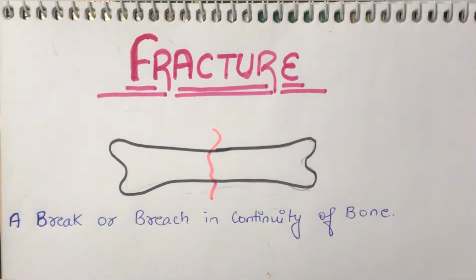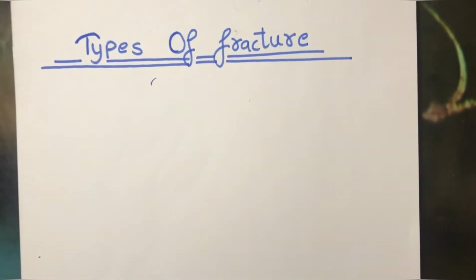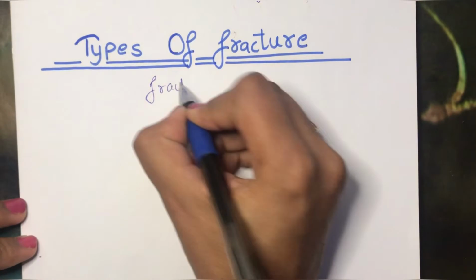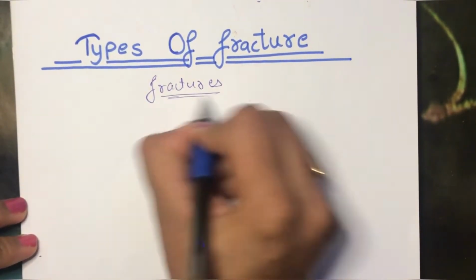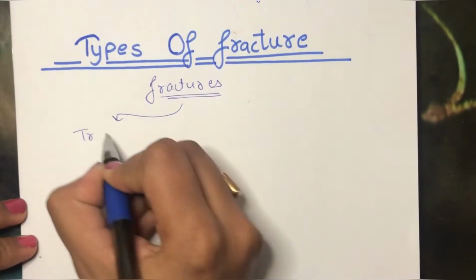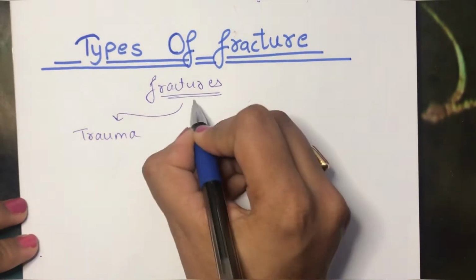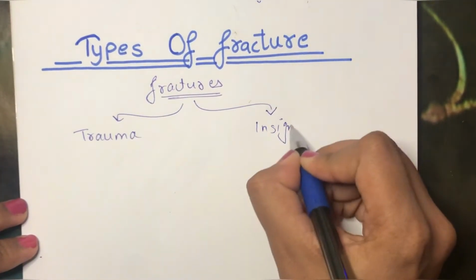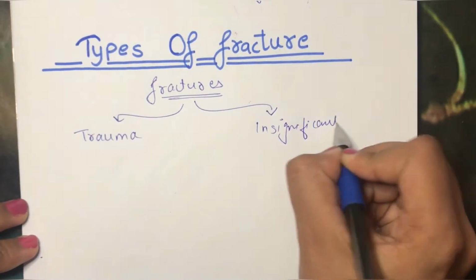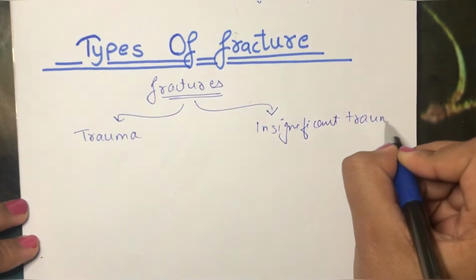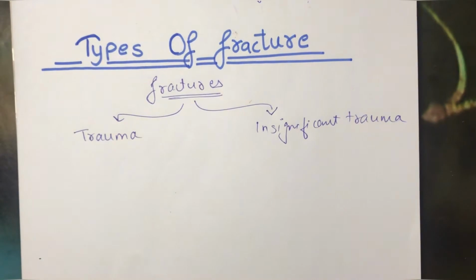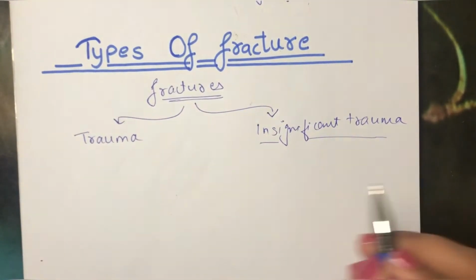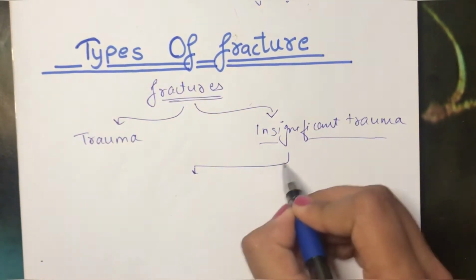Now let's move to the types of fractures. We classify fractures as those caused by trauma, or some which are caused by insignificant trauma. The fractures caused by insignificant trauma are again classified into two types.